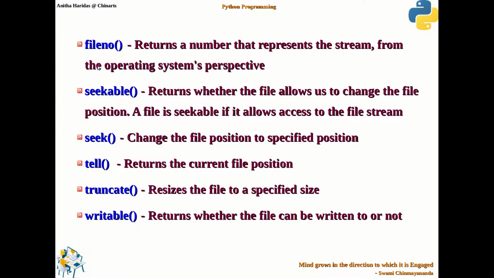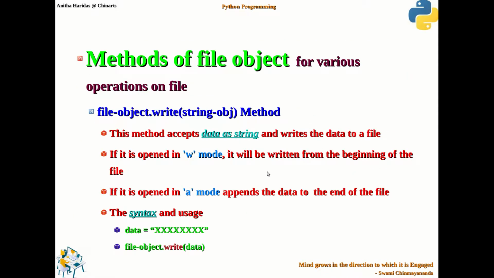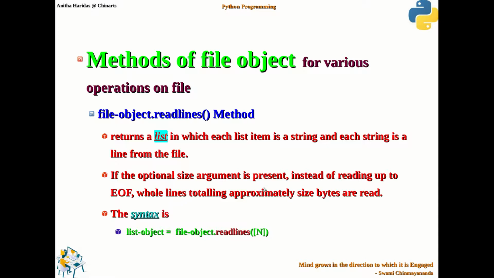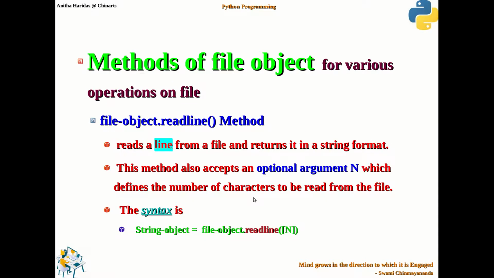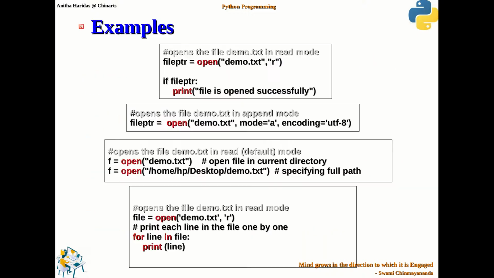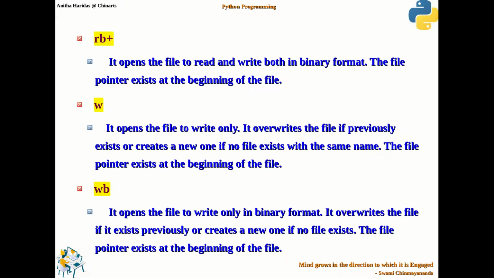Then we have another method called seekable, which returns whether the file allows us to change the file position. Let us go to the open access modes.